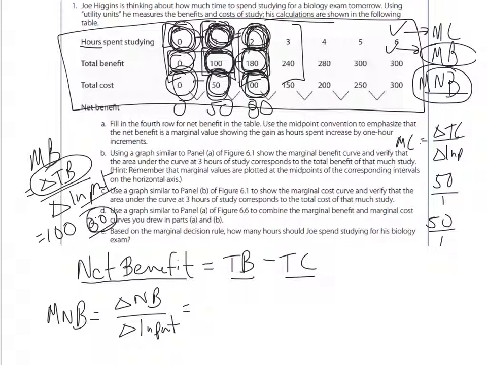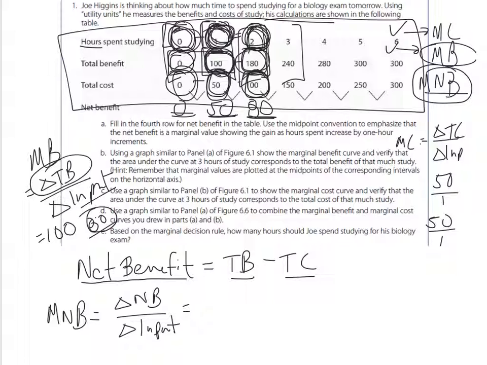Okay? So we've calculated the net benefit for 0 hours, net benefit for 1 hour, net benefit for 2 hours. So if we're looking at what's the marginal net benefit, what's the change in the net benefit per hour studied, we look at, okay, what's the marginal net benefit from going from 0 hours of studying to 1 hour?